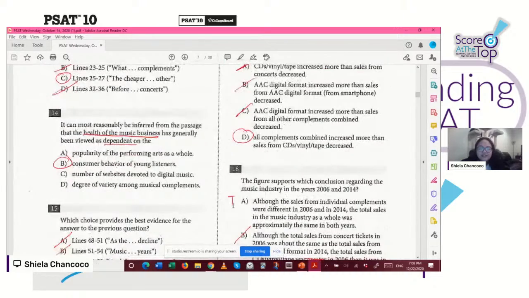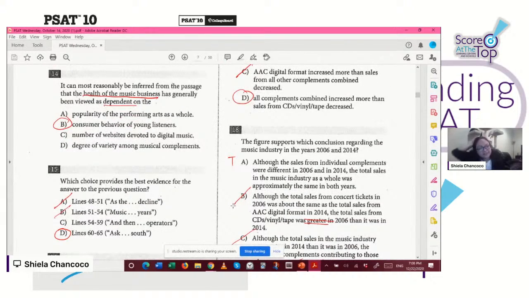So let's move on to 14. Here we go. 14 and 15 is another one of these paired ones, right? So we'll go through my idea again a little bit quicker this time. It can be most reasonably inferred from the passage that the health of the music business. Okay, so our anchor here is the health of the music business has generally been viewed as dependent on.